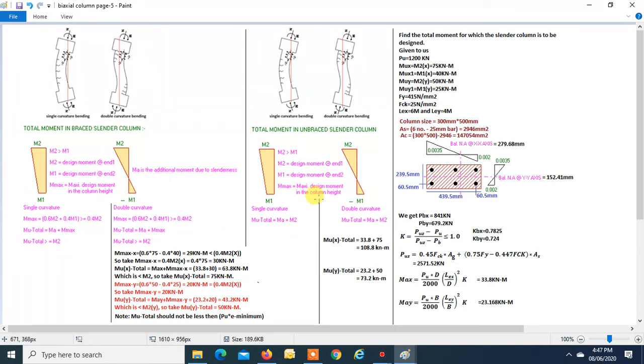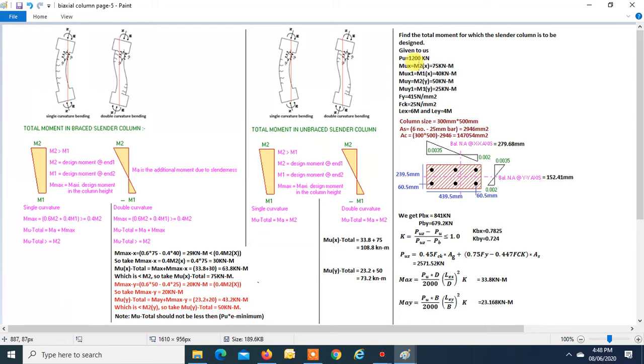First let us find the additional moment required for the slenderness of the column. Find the total moment for which the slender column is to be designed. Given to us, Pu is 1200 kilonewton, Mu2x about the major axis is 75.